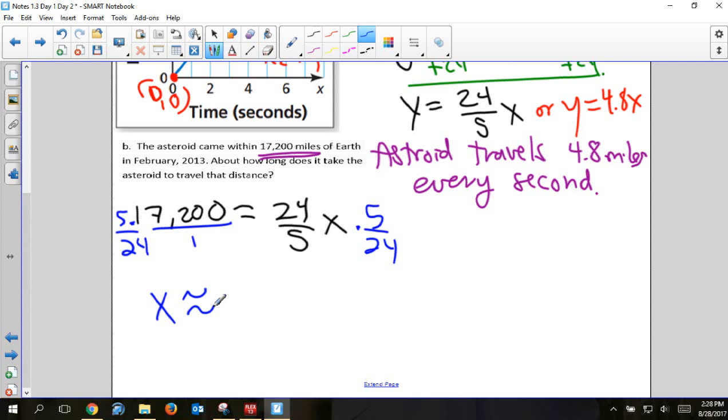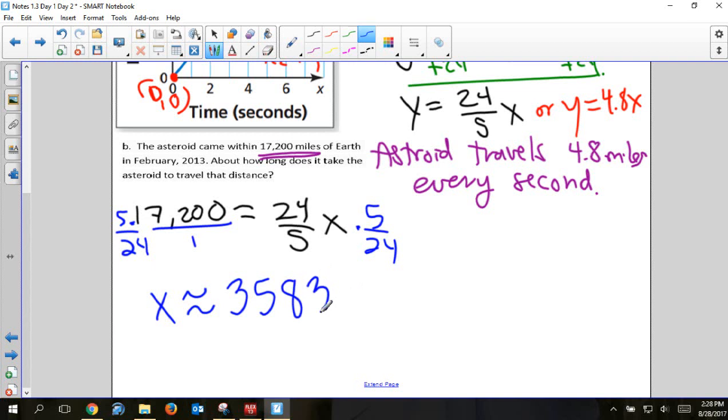Oh, you don't know how to get back. The arrow up gets you back. Carly, do you have it on yours? What do you have? 3,583, is that what you said? There's some decimals. We're just going to do an approximation.